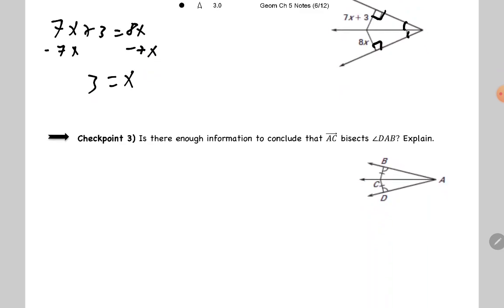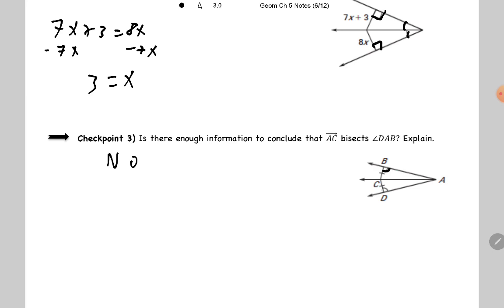Is there enough information to conclude that angle AC bisects angle DAB? The answer to this is no. We have those lengths being equal, but we need these angles to be right angles.